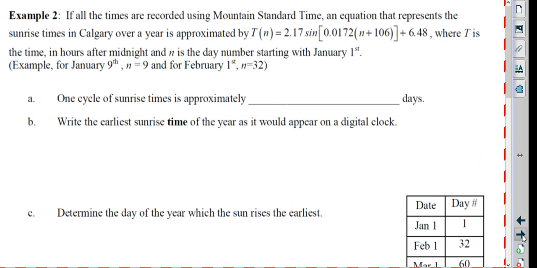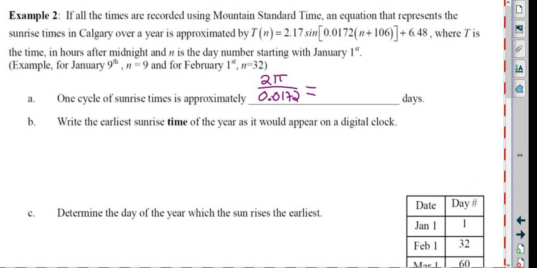How are we going to figure that out? How many days? So it's a period, right? Because n is the number of days. So basically one cycle is the period. What's the period? 2 pi over 0.0172, which is equal to, somebody work it out.